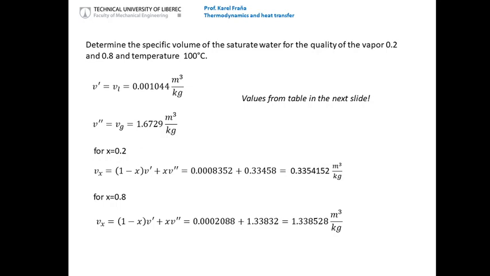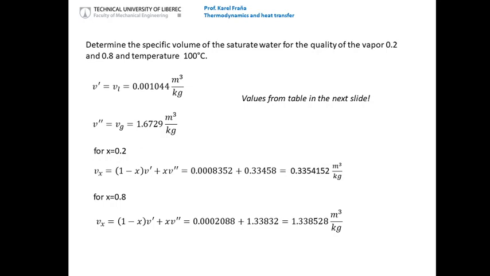If we now use the table, which you will find on the next slide, you first have to define the value for the specific volume of the saturated liquid, which for this temperature you find as 0.001044 cubic meter per kilogram.